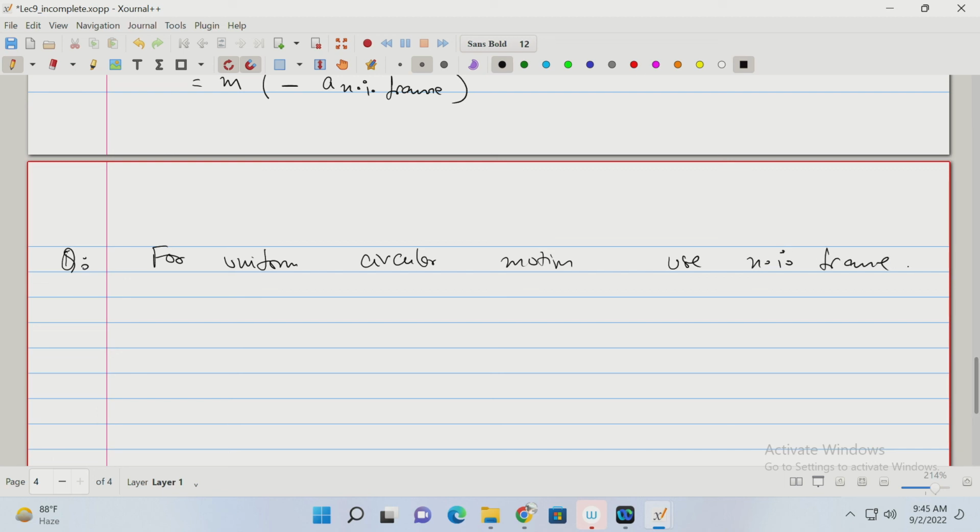So let me give you a problem. You already have done this in the past. You have a string and you have a mass, and this mass is rotating at a constant angular velocity omega. Now what you do is, you sit on the mass.